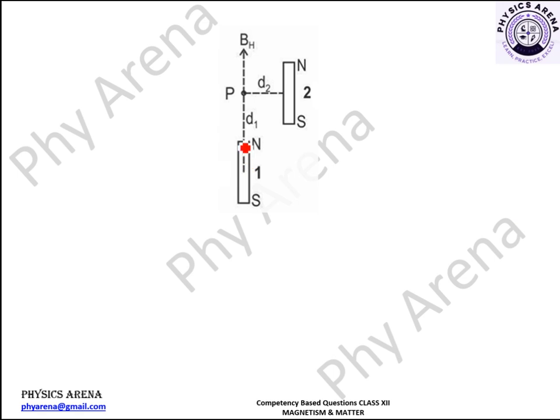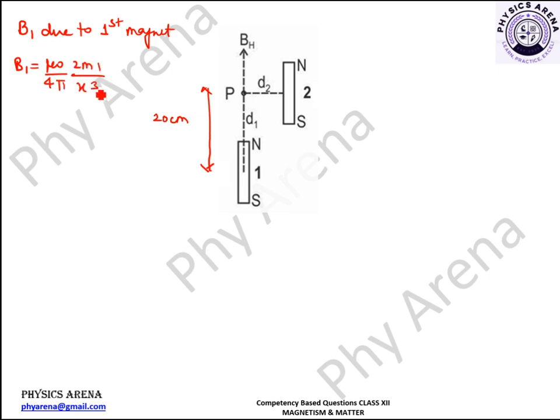It has been given that this point P is at a distance 20 centimeter from the center of magnet 1. So the magnetic field B1 due to the first magnet will be B1 equal to mu naught upon 4 pi times 2m1 divided by x cube.